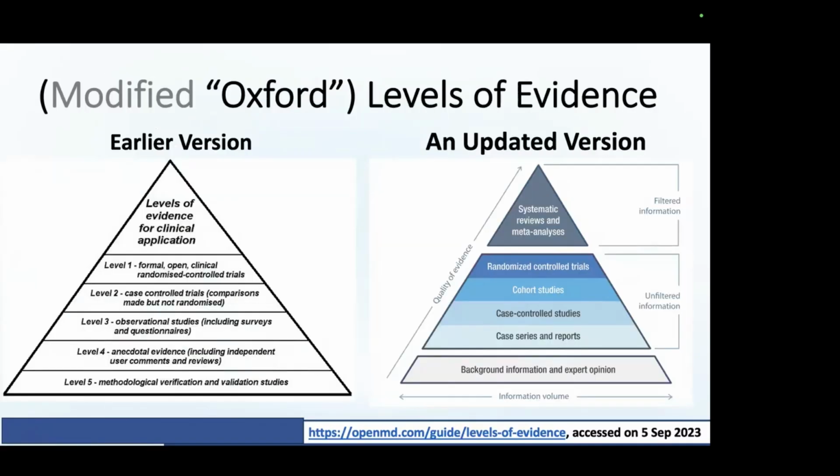This is the current approach to the Oxford levels of evidence, where there's expert opinion, theories, and so on, preliminary data from case reports or case series, case control studies, cohort studies, and then randomized trials, and then filtering a lot of trials or other studies together into systematic reviews and meta-analyses.